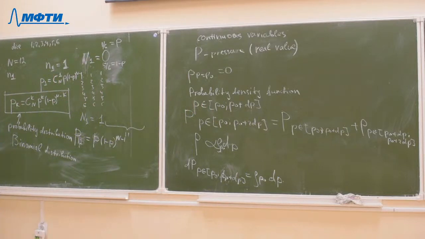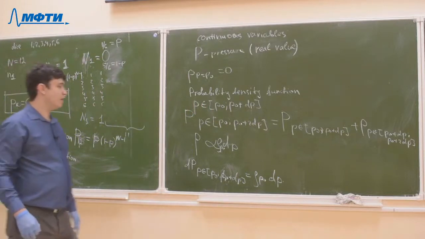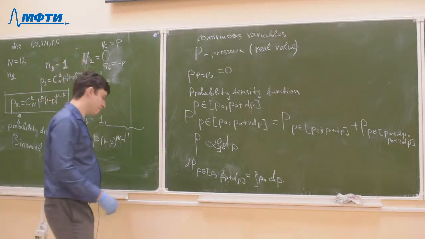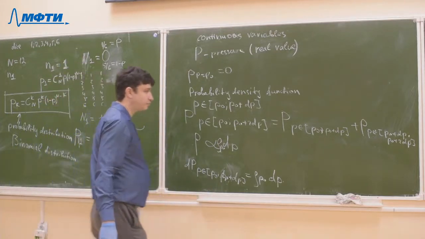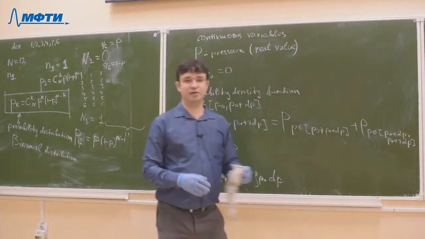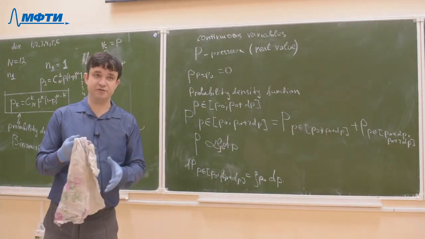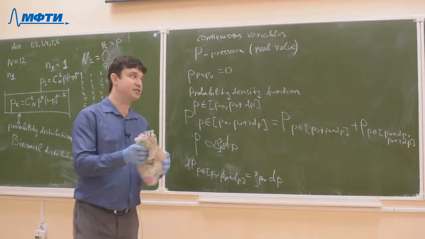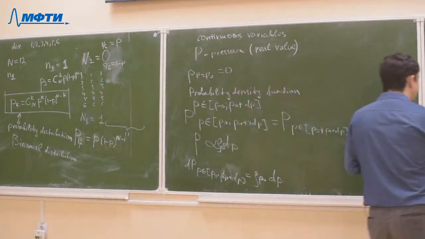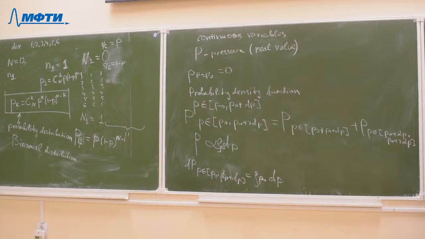Instead of a probability distribution function, we have a probability density function. Now we are going to study a few important quantities which are associated with probability distributions. If you know a probability distribution, you can say that you know almost everything about your chaotic system or about your random variable.